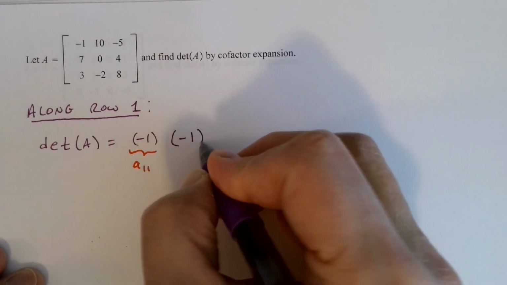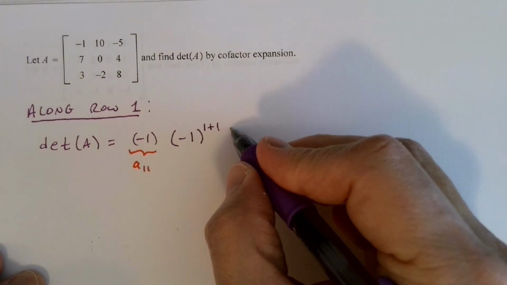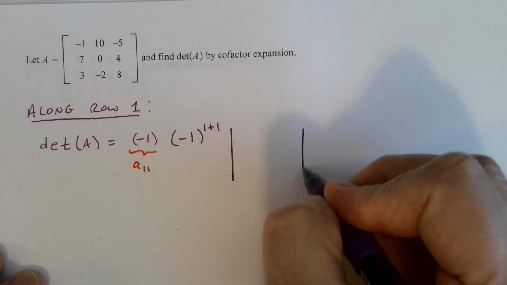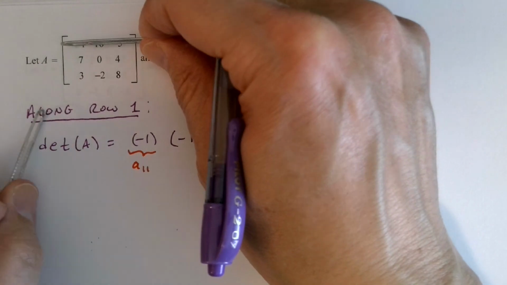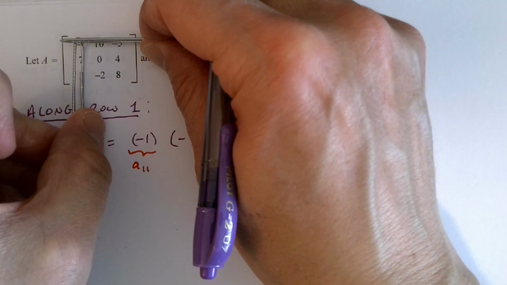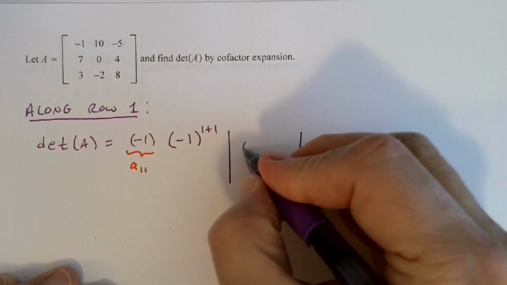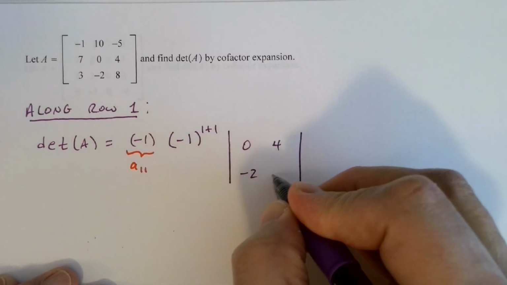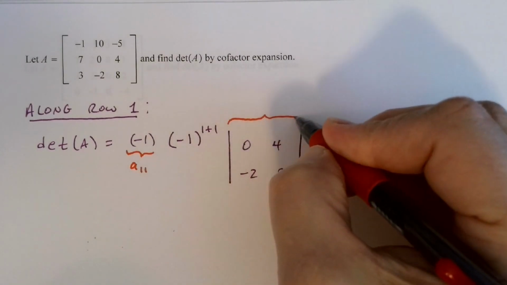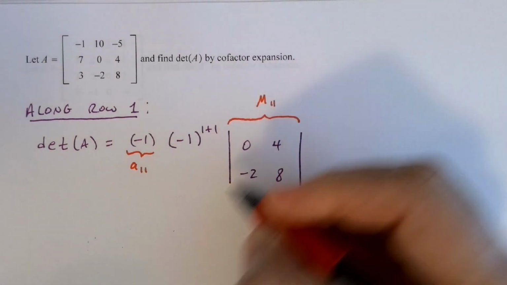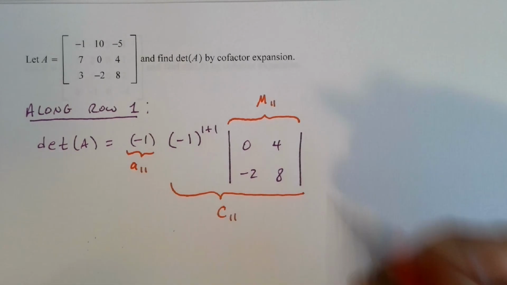The cofactor is negative 1 to the i plus j, 1 plus 1, times the minor, which is the determinant of the submatrix obtained by removing the row and column that our entry is in. Our entry is in the first row, first column, and you can see the 2 by 2 matrix that we get. So again, this right here is our minor. The determinant of this matrix is our minor M11, and then negative 1 to the 1 plus 1 times our minor is our cofactor C11.